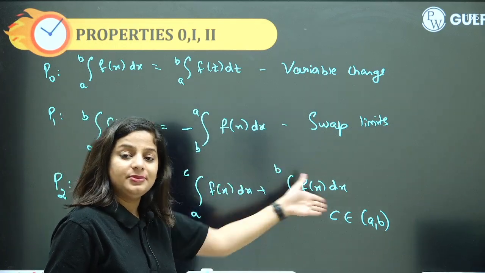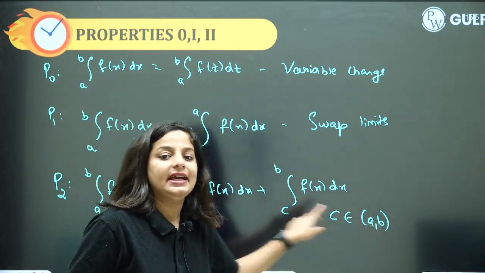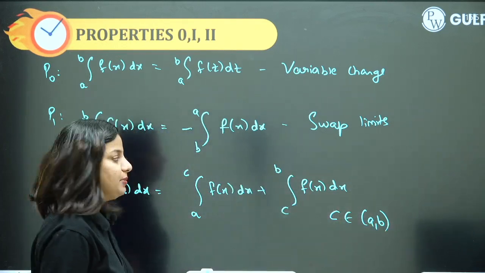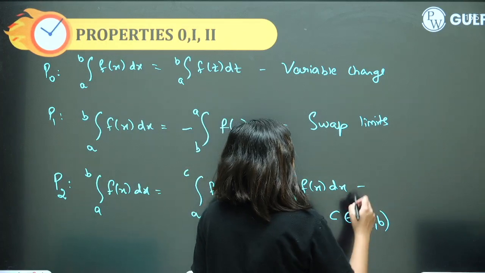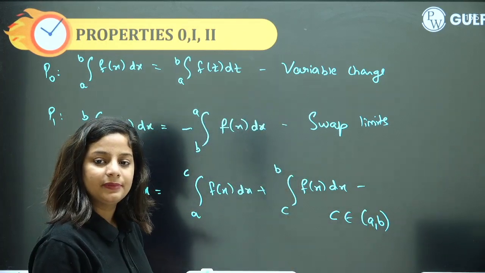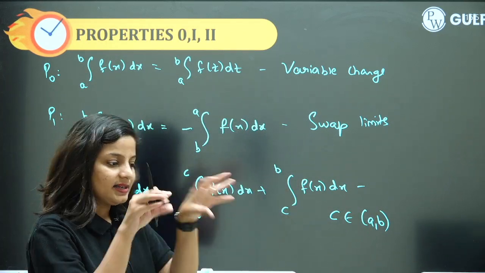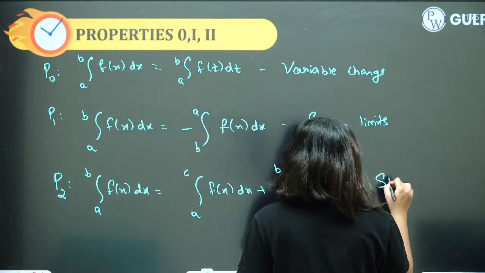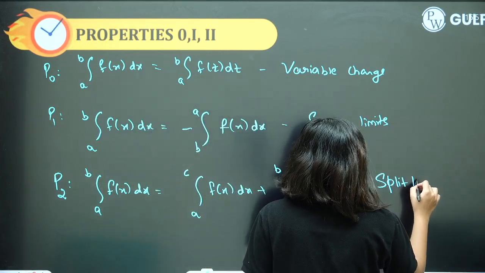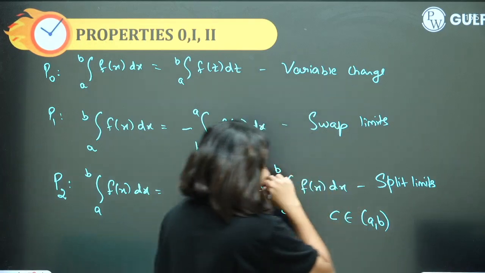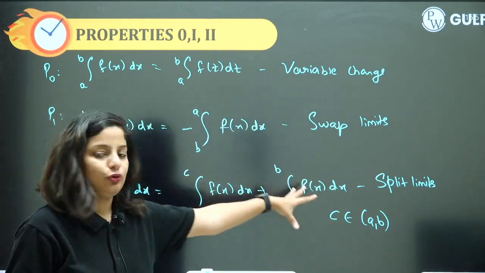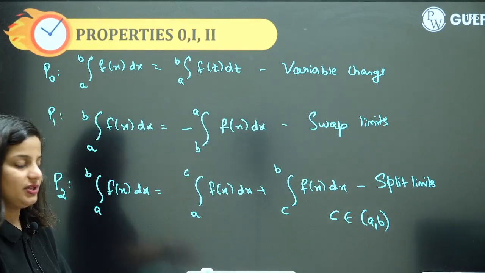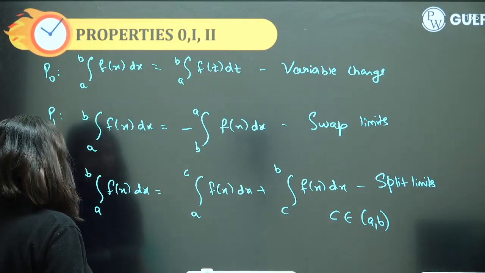So whoever comes in between a to b can be a part of the journey, can be broken. So let's call this property, what should we give the name? We are splitting the limits into two parts. So yeah, split. Let's name it as split. One is split into two, a to b, b to c, like that. A to c, c to b, or a to c, c to d, d to b.